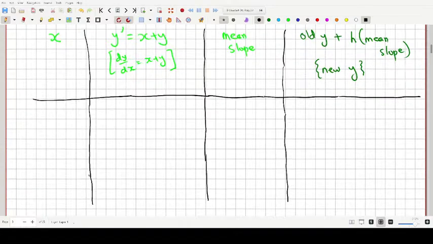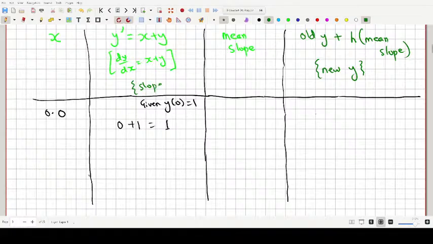Now the first value of x is 0.0. When x is equal to 0.0 and y is equal to 1, because it is given that y is equal to 1, the value of y dash will be 0 plus 1, which is equal to 1. This is the slope here.